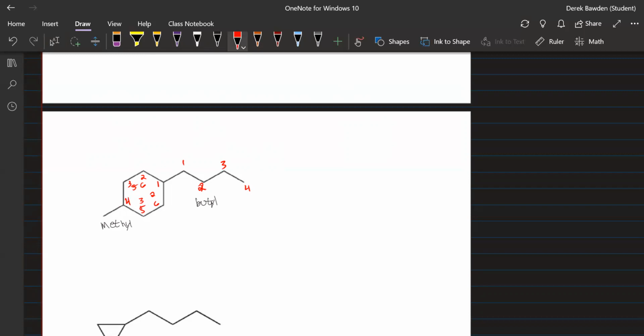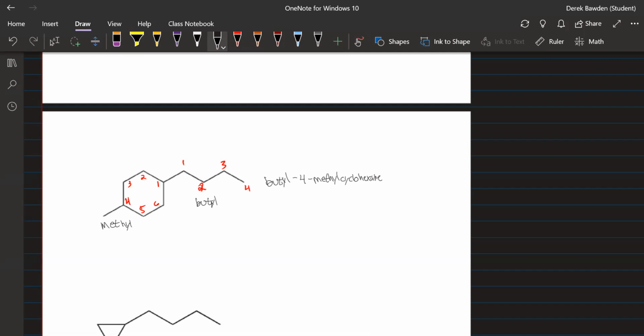So we can name it like that or number it like that. Okay. So we have a butyl, okay, 4-methyl. Then what's our parent chain? Cyclohexane. Cyclohexane. You can call it 1-butyl if you want to, but it's not necessary.